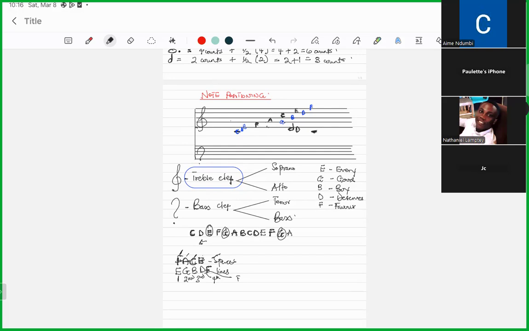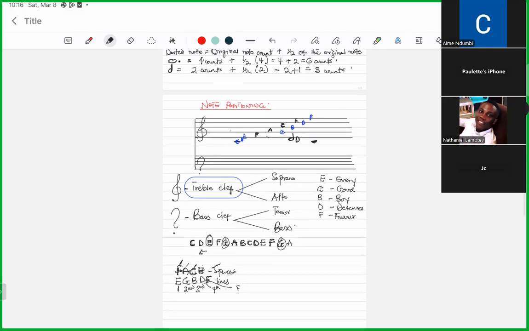I'll demonstrate it on a real music piece so that we all understand. So I have a line, then I have a note on it. That note is a C.